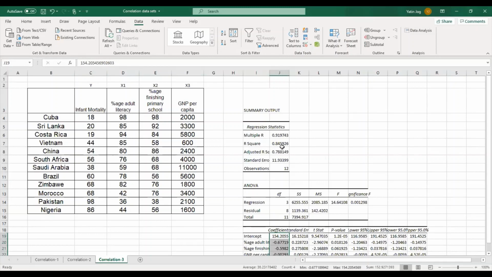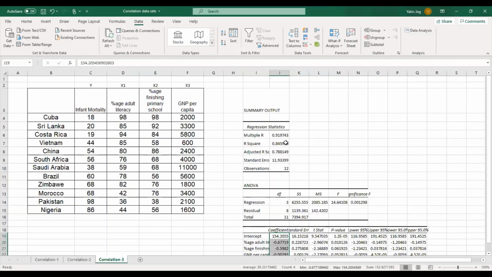So when I say R square is 84.59, I have almost 85% confidence in my data model. And accuracy is also very good. 12, almost 12, is the standard error value. So the combination of R square and standard error tells me that my data model is very good. I'm very confident about my data model, and the accuracy of predictions will be very good.